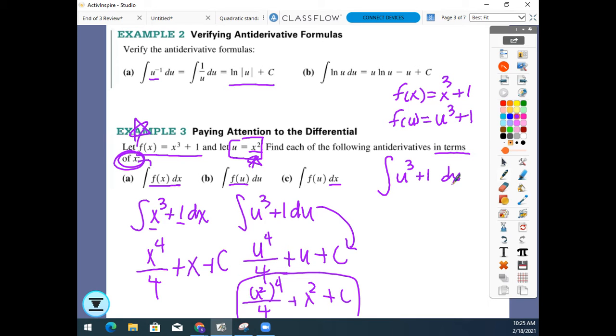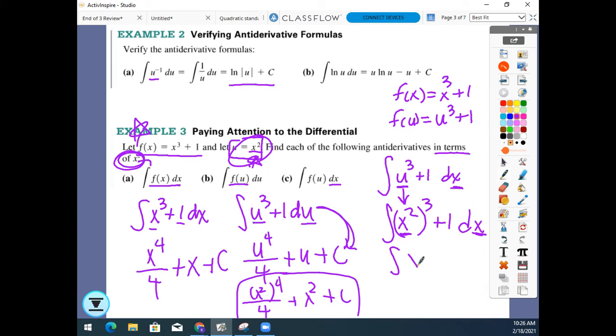We cannot do our antiderivative if this variable does not match this variable. So what we're going to do is substitute x squared in place of u, because this variable needs to match. See, when we plugged in this one here, the u matched the u, so we could do our antiderivative and then substitute the x squared at the end.